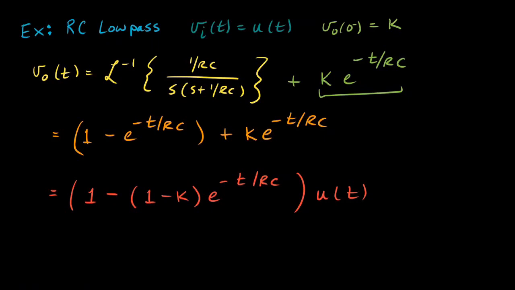It's just that the initial condition response is going to shift the starting point of our function up or down, but it's going to always end at 1 volt because we have a unit step input. So in the long term, the steady state value is going to converge on 1 in the limit.